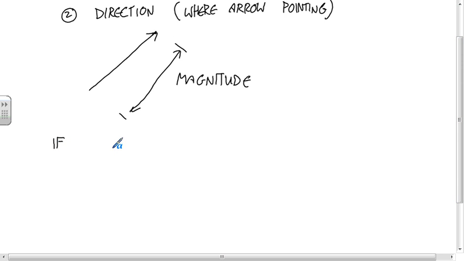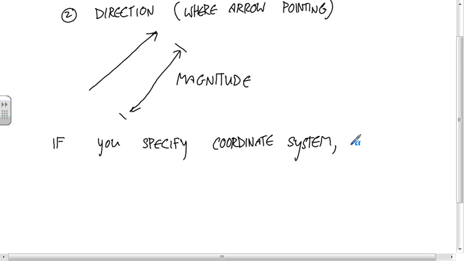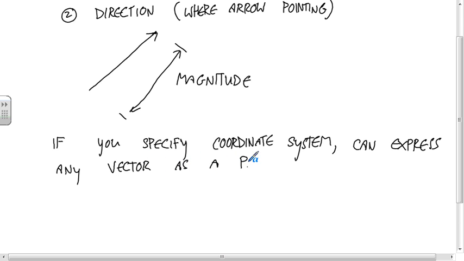If you specify a coordinate system, you can express any vector as a pair of components.